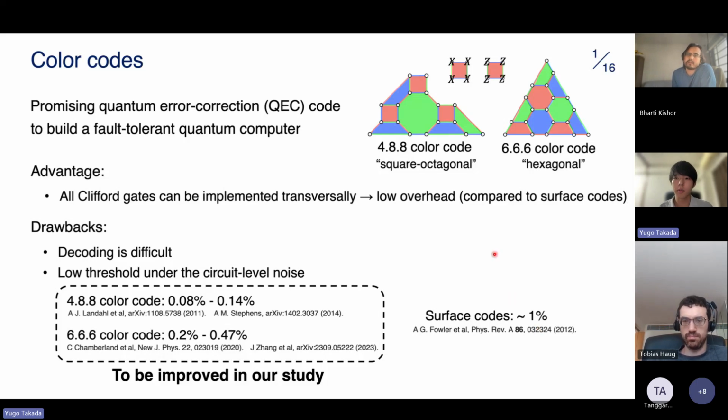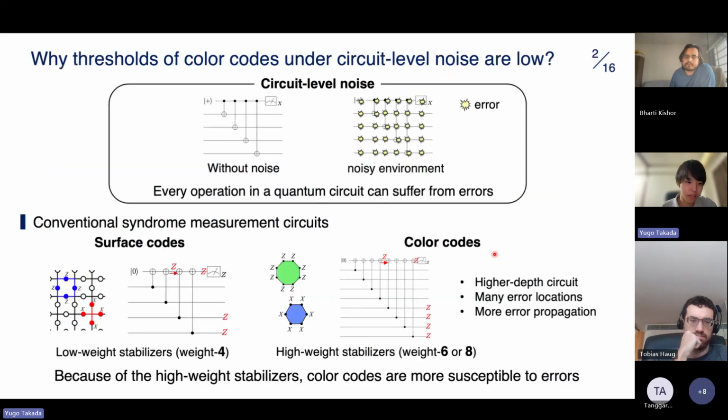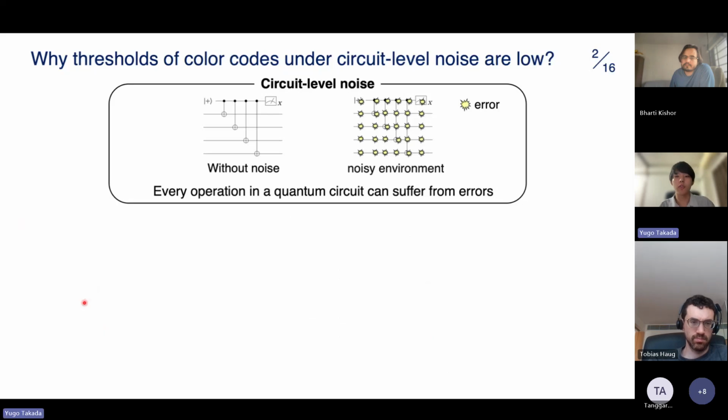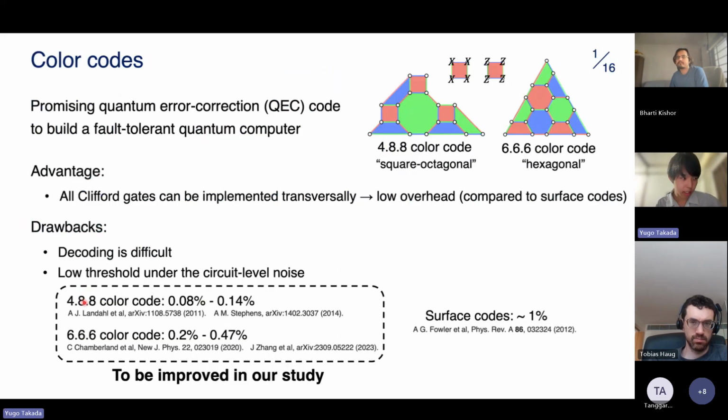In the case of the surface code, if one error occurs, it flips only two stabilizers. So the decoding graph is just a normal graph, which means one edge connects two vertices.